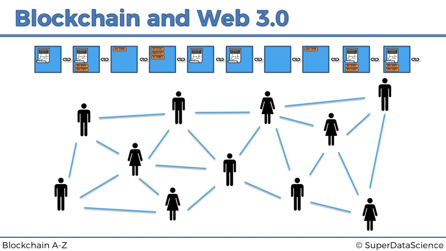A great example of a blockchain that already exists for this is the Ethereum blockchain, where applications are already created. We saw an example of Steemit, which is a blockchain version of Twitter. And so basically the social media network would live on this blockchain.